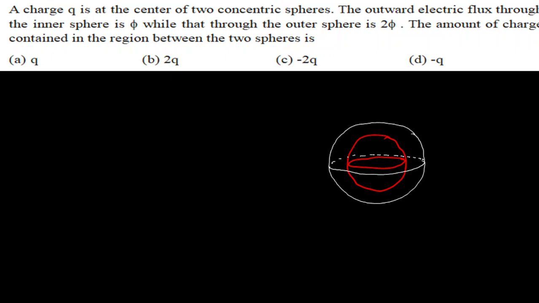Now, what has been written? The charge Q is at the center of the two concentric spheres, so they have the same center. At this point we have placed a Q charge. The question says the flux through the inner sphere, the red sphere, is phi, while the flux through the outer sphere, the white sphere, is 2 phi.